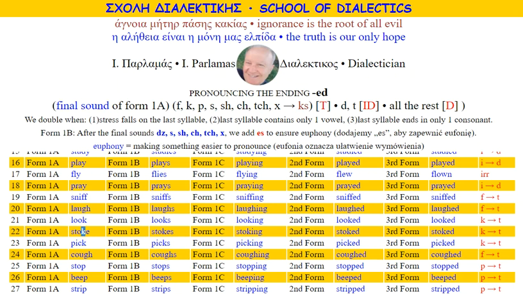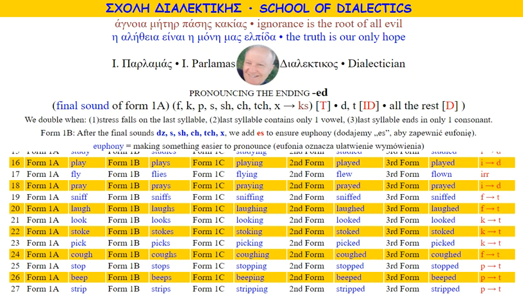Stoke. Final sound K. Stoke, stokes, stoking, stoked. Okay? Pronounce it as a T because the final sound is K. Pick. Final sound K. So pick, picks, picking, picked. This is the final sound, so we pronounce it as a T. That's why we have this here.